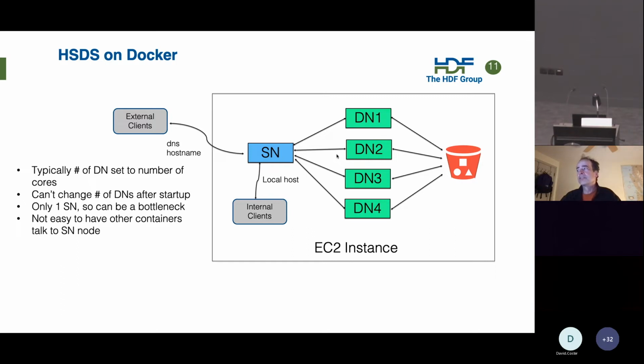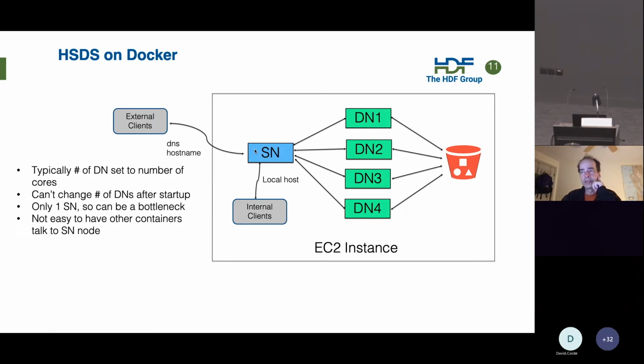The DNs talk to a storage system, maybe S3, and you can have clients running on this EC2 instance that are talking to localhost to SN, and the SN container would make requests to DN containers, and the DN containers would make requests to the storage system. Also, you can have external clients that are going through a DNS hostname and a port to get to the SN. So this is all well and good.